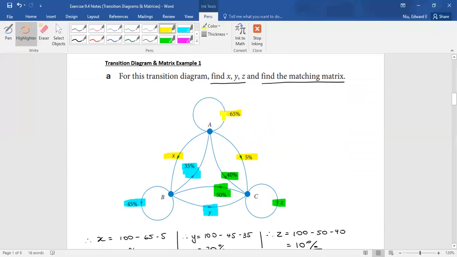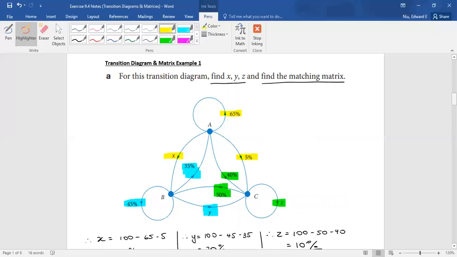We've got one line that's a loop, that's 65%. We've got another line that's going to C worth 5%. And then we've got a mystery line going to B that we don't know. But remember, all these loops that are leaving A, so these two aren't leaving A, they're coming to A. That's why we're not counting them as yellow. All these loops that are leaving A, in the yellow highlight, need to add up to 100%.